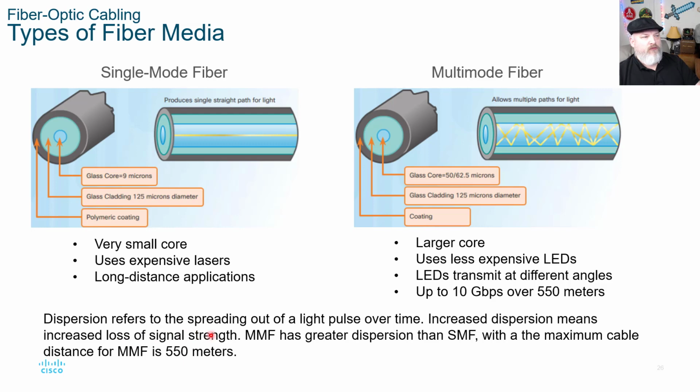Dispersion refers to the spreading out of light pulses over time. So instead of attenuation, we get what we call dispersion. Increased dispersion means increased loss of signal strength. MMF has a greater dispersion than SMF, with a maximum cable distance of 550 meters. And if you cut a fiber optic line, it takes special tools to connect it back together.